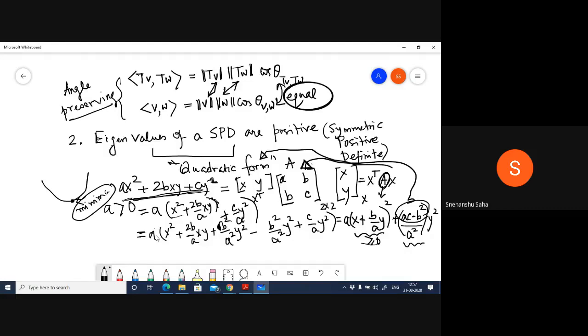So this AC minus b square needs to be positive so that your entire expression, the quadratic form, remains positive. And if it remains positive, there is a theorem in calculus that says that if your quadratic form is positive, then you ensure that the function that you are optimizing has a local minimum.